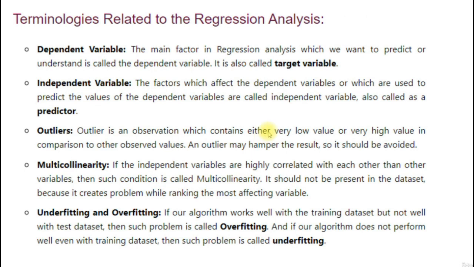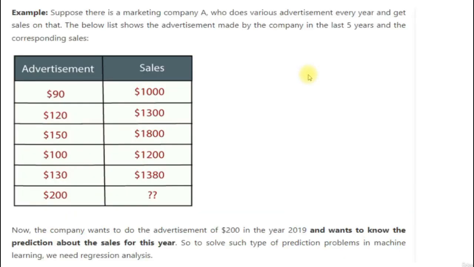Now some important terminologies related to regression analysis. Before deep diving into different regression algorithms that we're going to study in the course, you should be very clear with all these terminologies. So first one is the dependent variable. The main factor in regression analysis which we want to predict or understand is called the dependent variable or the target variable. So for this example, the sale will be the dependent or target variable.